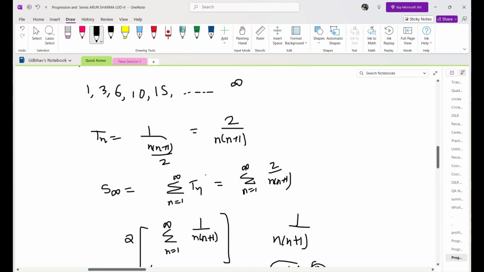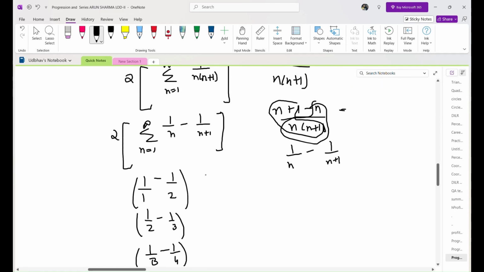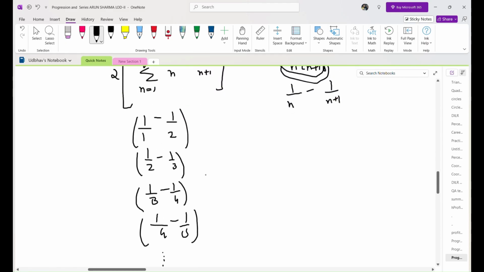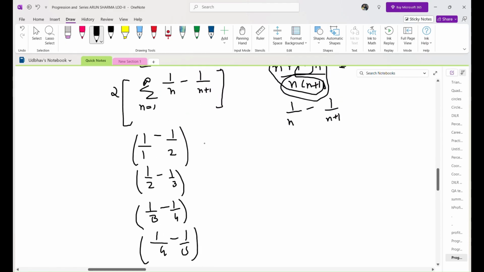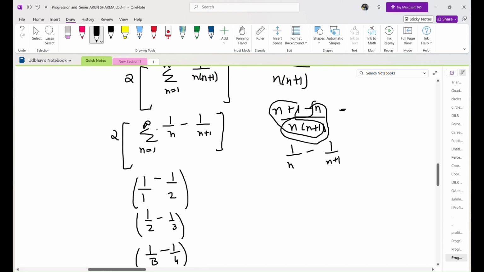Many of you won't be familiar with the concept of limit, but we can think of it like this. If we put infinity here, 1 upon infinity, what will we get? 0.